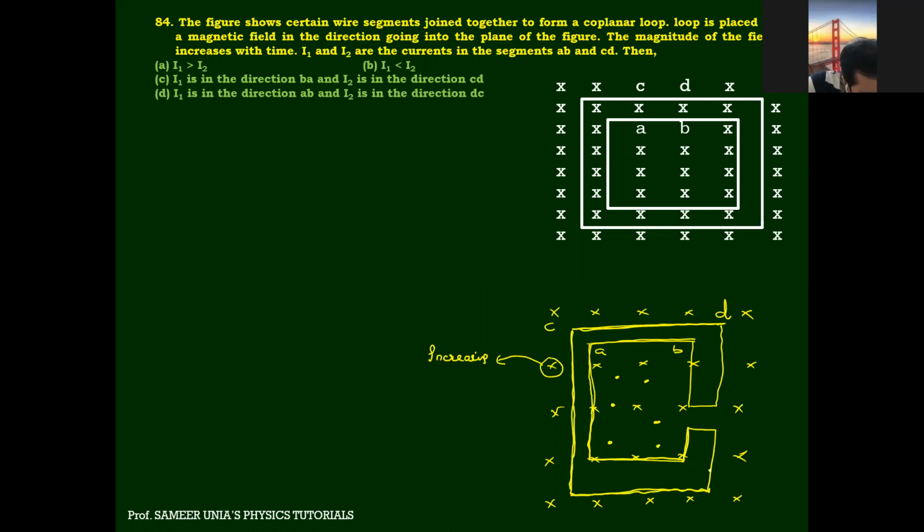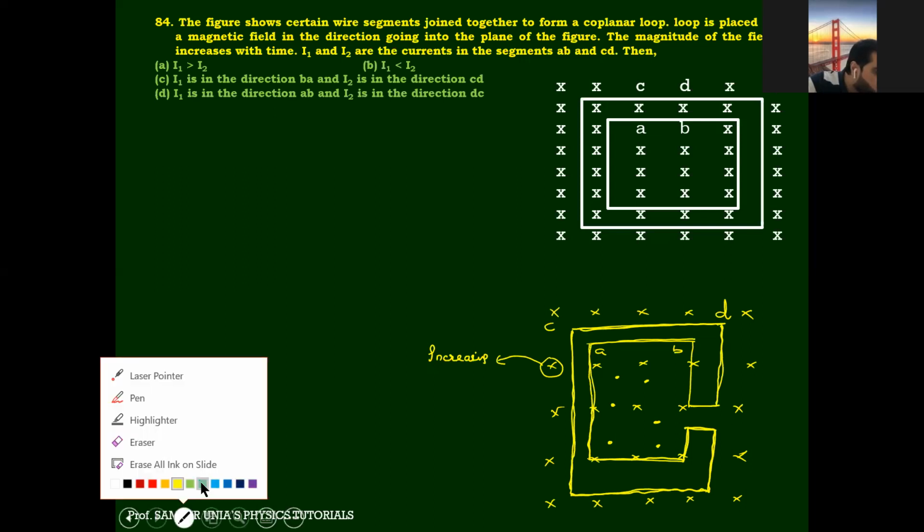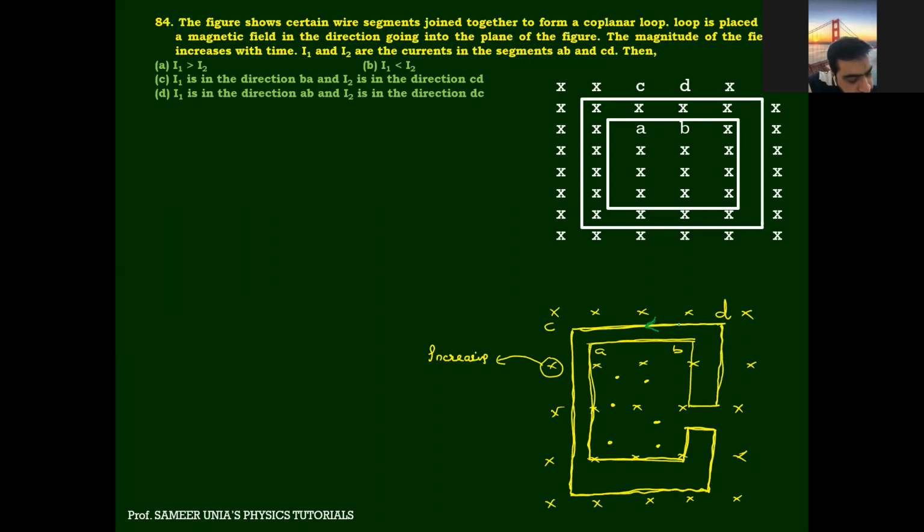Always remember that the current in the outer loop will be the main current which we want. So if we want anti-clockwise current, the current in the outer loop will go like this, then like this, then turn like this. Is that right?